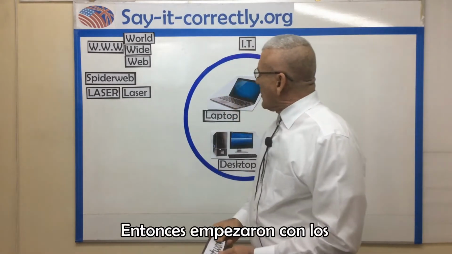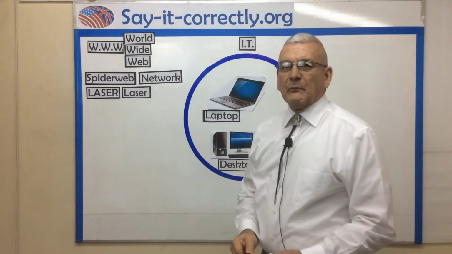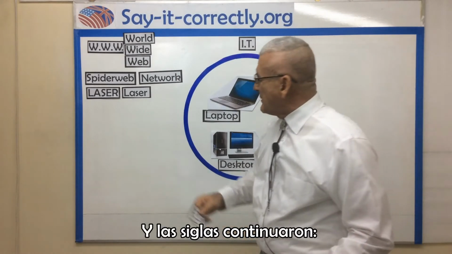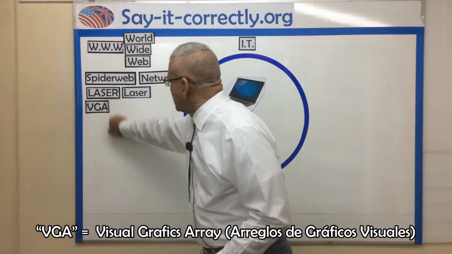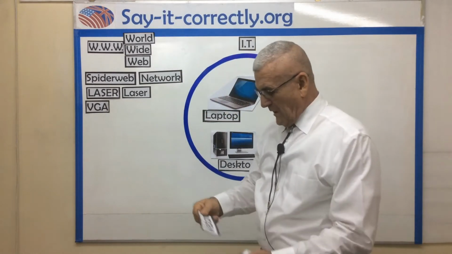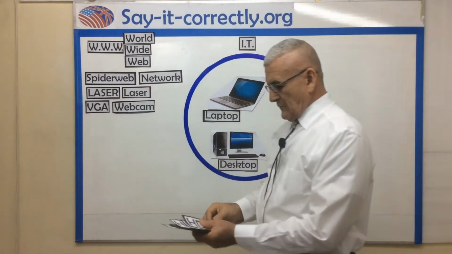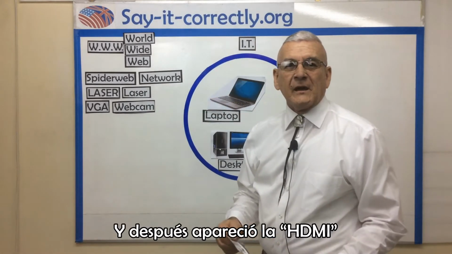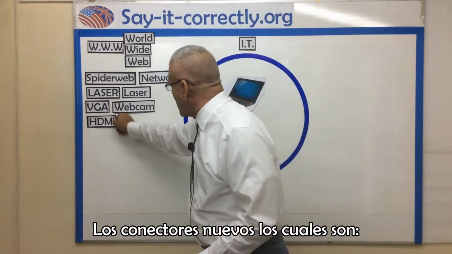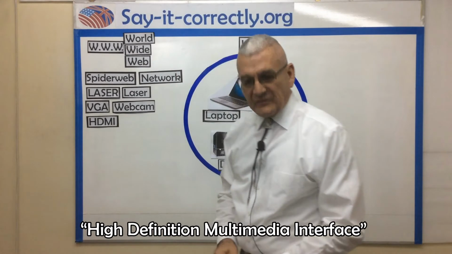Okay, so then we began with the networks, and the acronyms continue. VGA, visual graphics array, and then we had a webcam. Okay, and then we have HDMI, the new connectors, which are high definition multimedia interface.